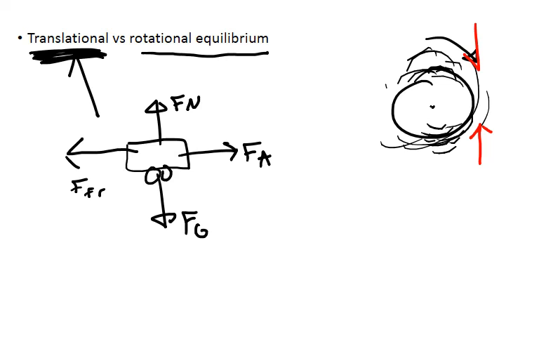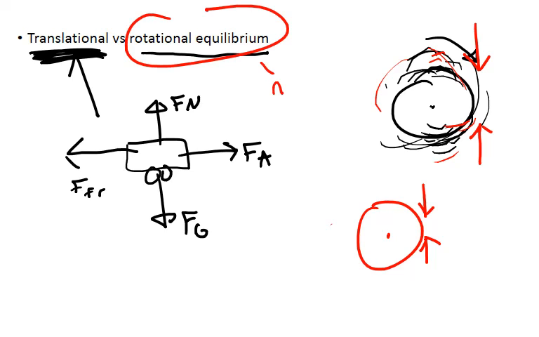Well, if you apply torque this way at the same time, it's still going to spin. Or if an object is stationary and we apply a torque this way and a torque this way that's equal, it's going to stay at rest. So rotational equilibrium has to do with no net torque. Translational is no net force. It's important to distinguish between those two.